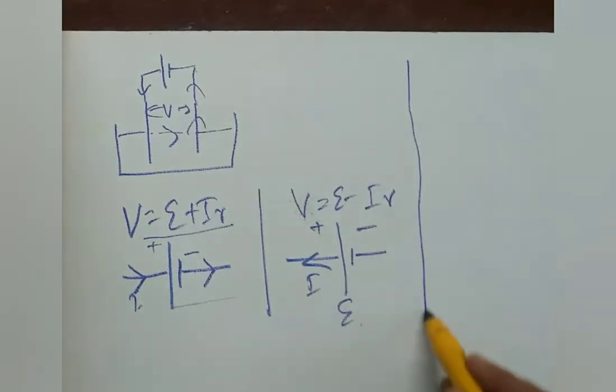So these are two important aspects of the cell. Using these two, now we start with the derivation for effective EMF and effective internal resistance of a combination of cells. So we want to learn that now. We just start with that.